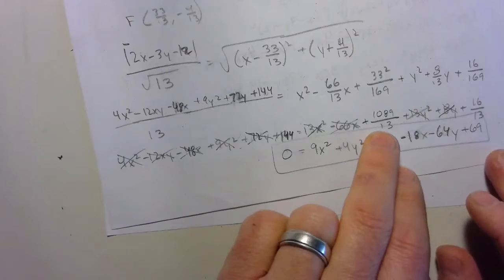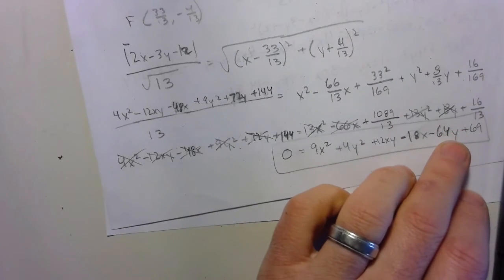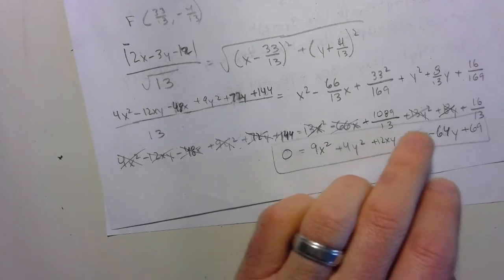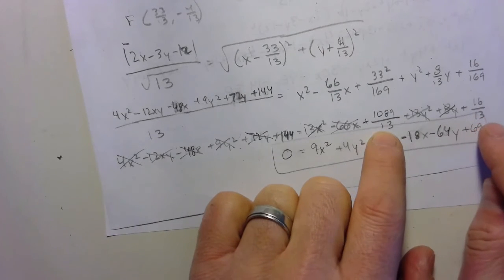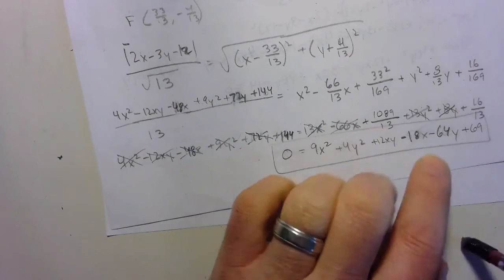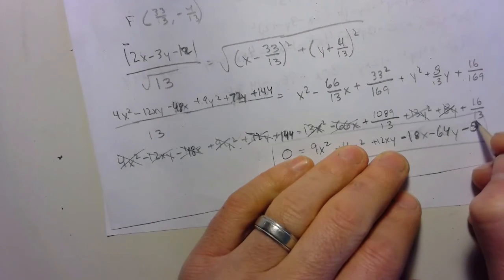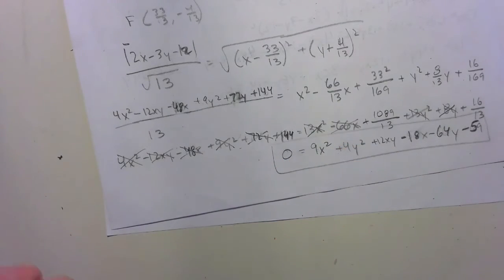Okay. I add 108. I'm going to add these two together first, and they actually come out to be a nice number. This and this together, if you put in your calculator, gives you 85, which I'm going to subtract 144 from, and I get negative 59. Okay. As we do that. Okay.